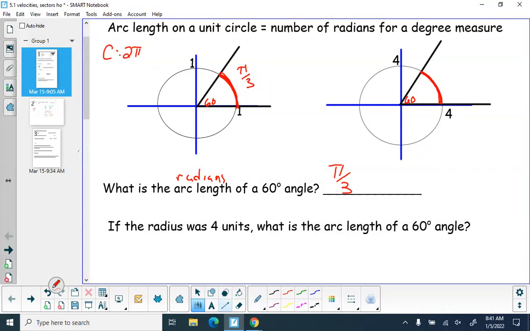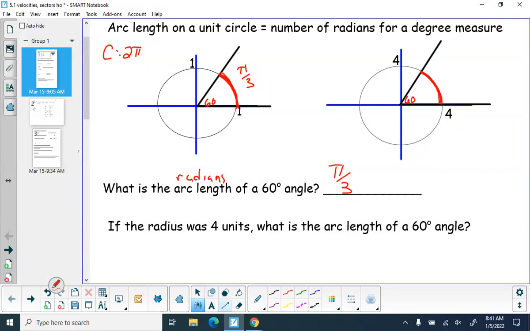If we take a look at 60 degrees, what part of the circle is 60 degrees? What fractional part would that be of the entire circle?